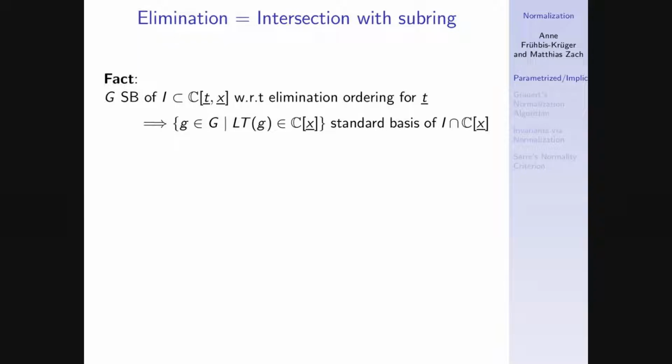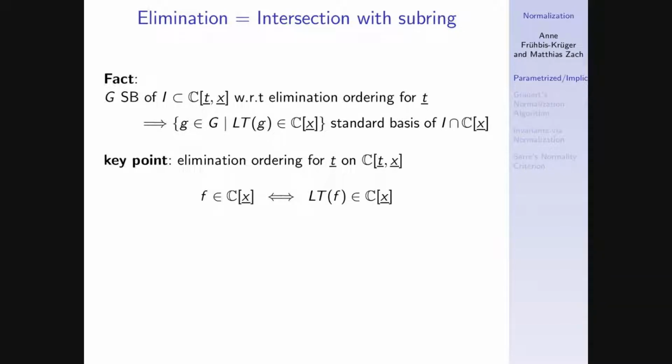So the main tool at this point is really the elimination ordering for t that we took as the monomial ordering. You know from the last talk that monomial orderings exist and that we are using them for standard basis computations. Now we have to use a special kind of ordering. The ordering has to ensure that the whole polynomial f doesn't involve any monomial in t if and only if its leading monomial doesn't involve any t.